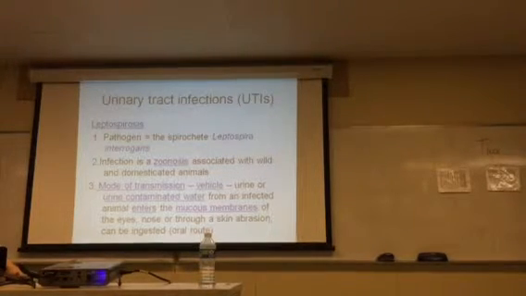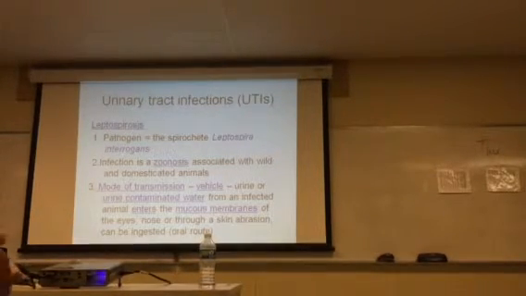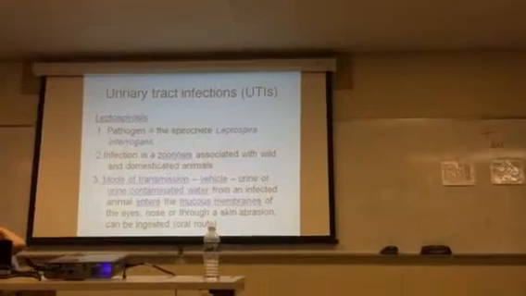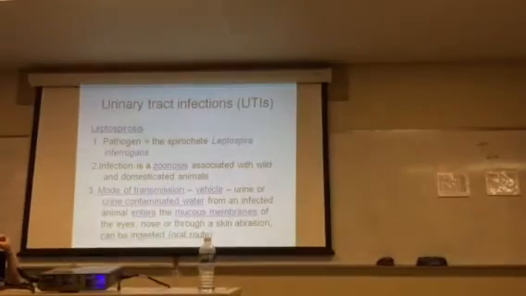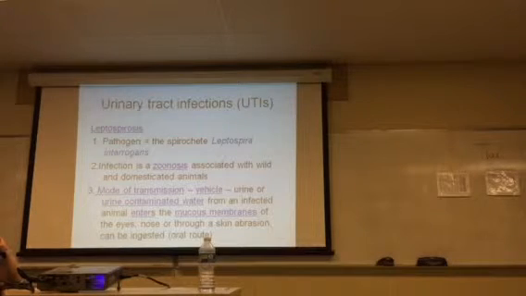The infection is zoonotic, that means that it's associated with animals, both wild and domesticated animals. The mode of transmission, or the vehicle, is urine or urine-contaminated water, from an animal infected with this bacteria urinating in the water.